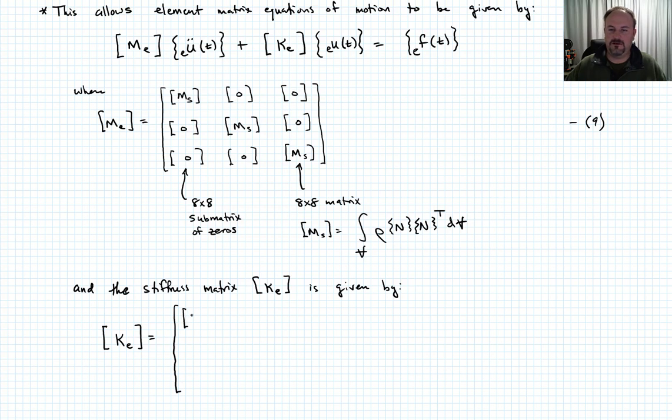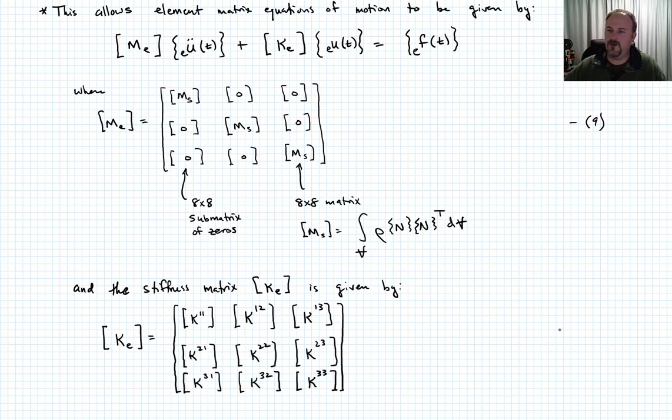And so it looks like we call them K11, where I'm putting the superscript on the K's to remind you it's a submatrix. So these are 8 by 8 submatrices. Okay, I'm going to continue writing this in skip for you. You can copy it down or pause the video as needed. Okay, we'll call that equation 10, right?